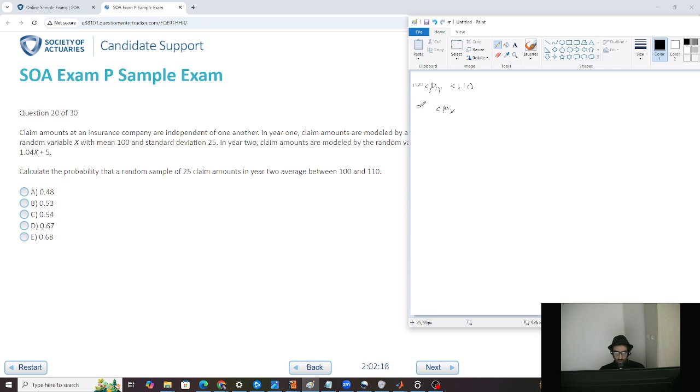It's going to be between 95 over 1.04 and 105 over 1.04. 91.35 versus 100.97.